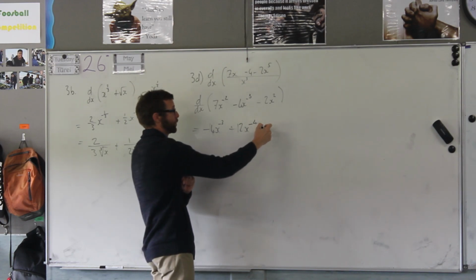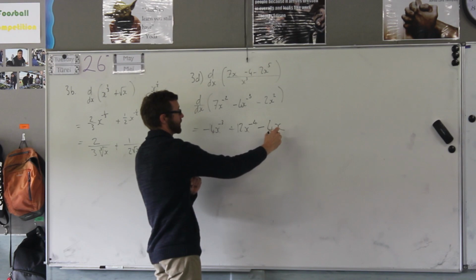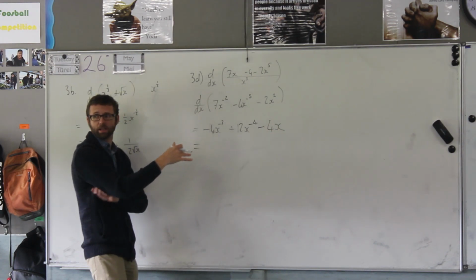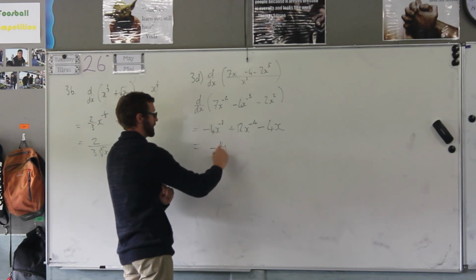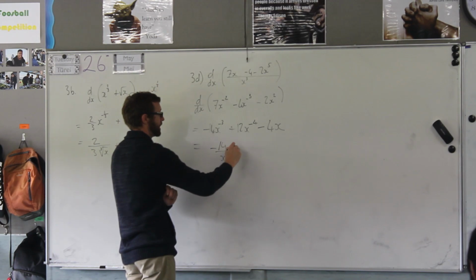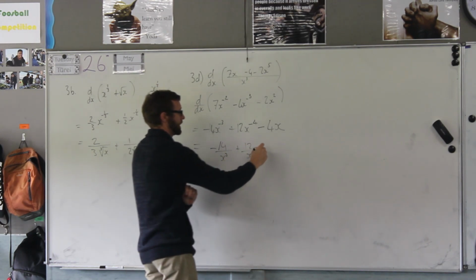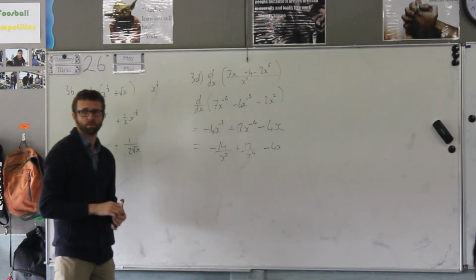And this one will be minus 4x. Okay, and then we could probably maybe write this in a more elegant fashion. So minus 14 over x cubed plus 12 over x to the 4 minus 4x. Okay, that's right.